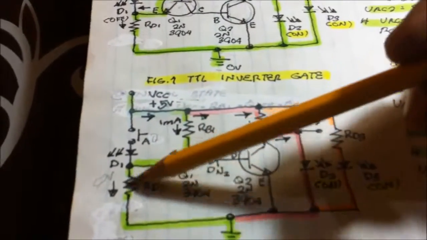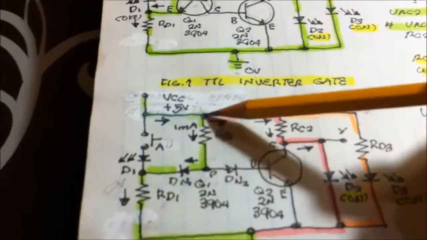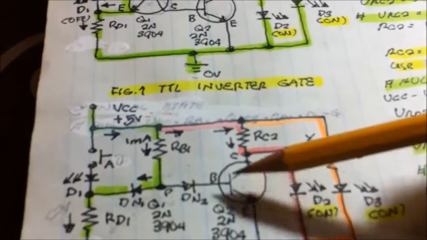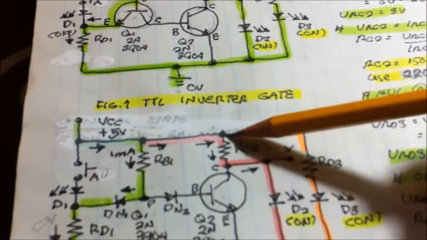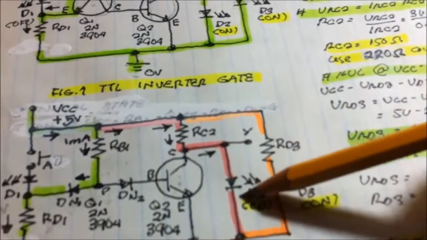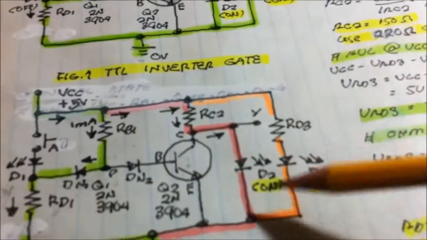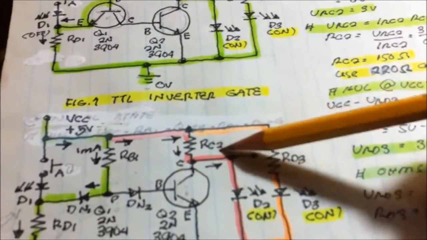When the current flows here to the ground, since it has 0 volts potential, this makes the transistor cut off. When this is cut off, the current flows into this node to RC2 and to the ground, to our output. So we have another KVL: VCC, voltage drop at RC2, and then the voltage drop of D2.